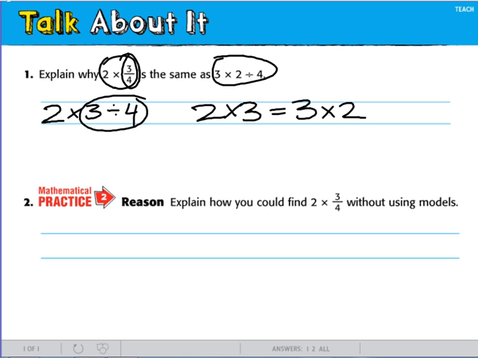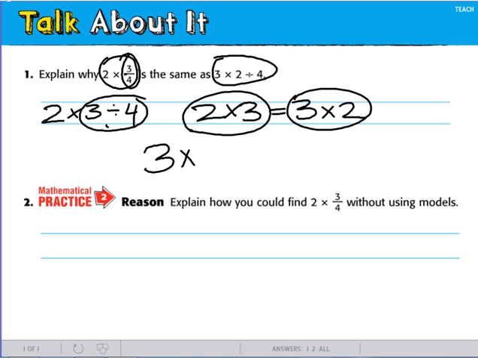Because this is equal to 3/4, and because these two are equal to each other, I can have 3 times 2 divided by 4. You need to have a little bit more written than what I wrote on why they're equal. But the basic premise is 3 divided by 4 is equal to 3/4.